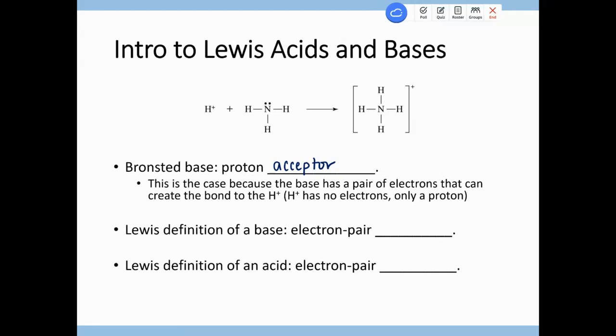We said that the Bronsted definition of the acid is a proton donor. For the Lewis definition, bases are electron pair donors, and acids are electron pair acceptors.